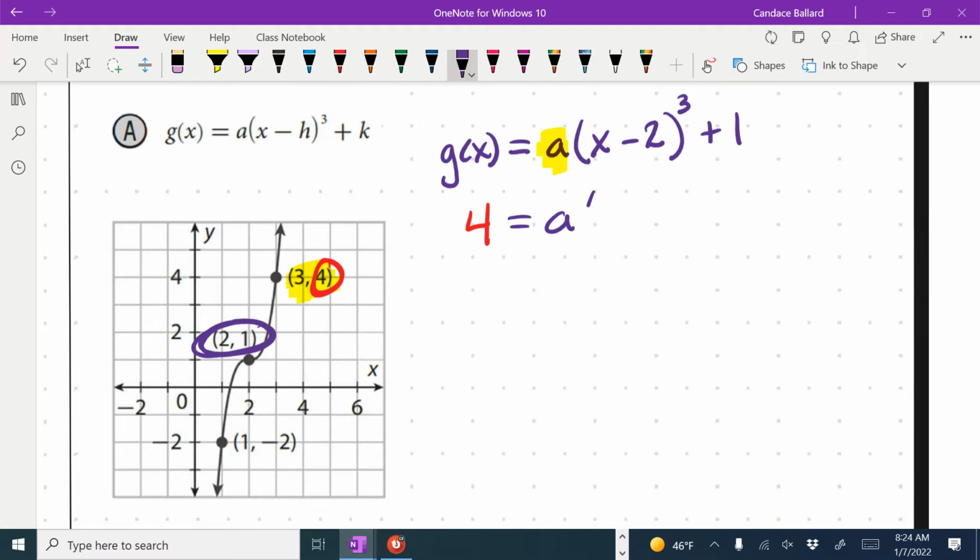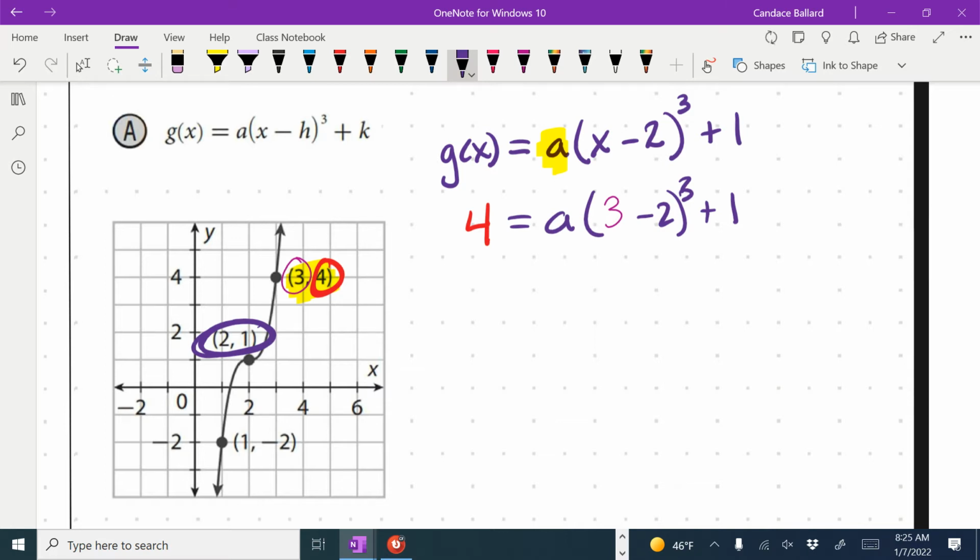Okay. I don't know a. This is 2 plus 1. And then I'm going to take the x and I'm going to plug it in for the x value. All right, we're going to go ahead and try to solve for a.